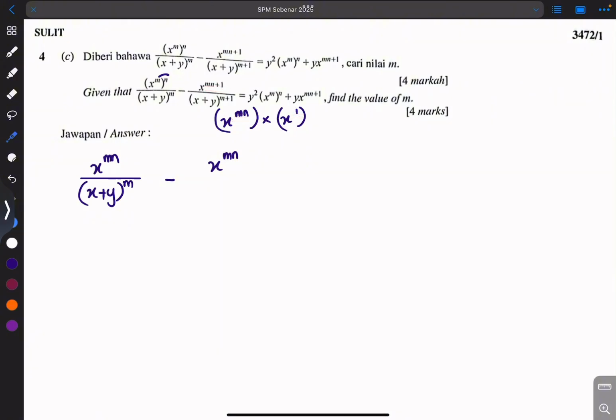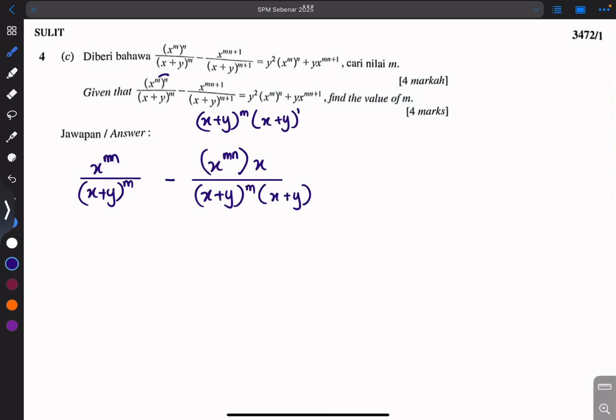So this we can write as x to the power mn times x. Down here also same: (x plus y) to the power m multiplied by (x plus y) to the power 1. Only then our power will become plus. So our denominator will be (x plus y) to the power m times (x plus y).